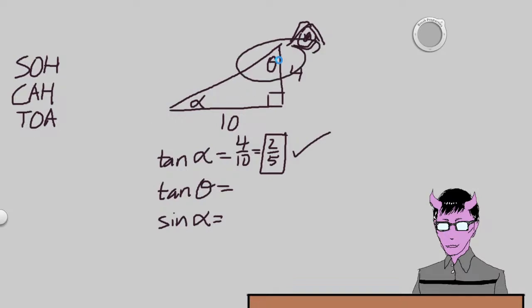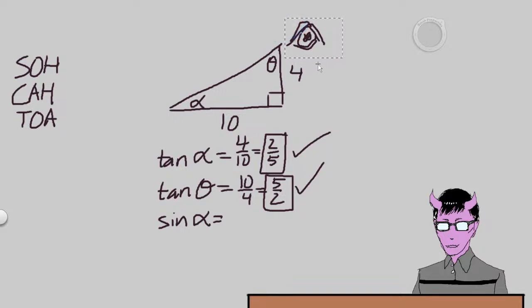From this new perspective, the opposite is going to be 10, and the adjacent is just the 4. As you see, it's the flipped version of what we had before. Instead of 4/10, we have 10/4, which simplifies into 5 over 2.